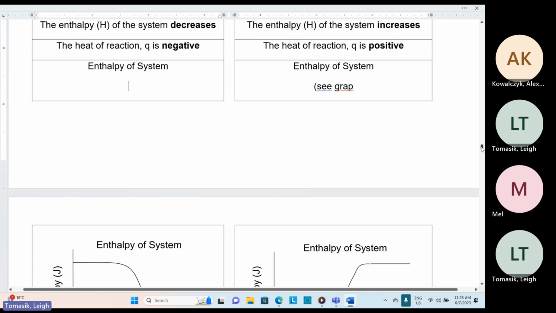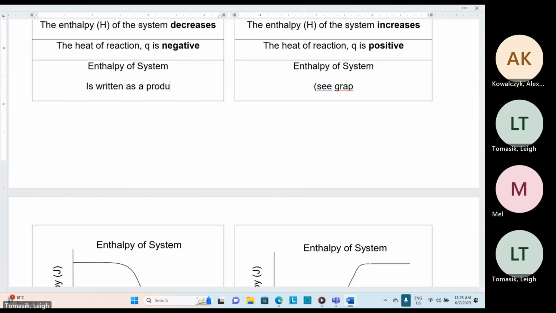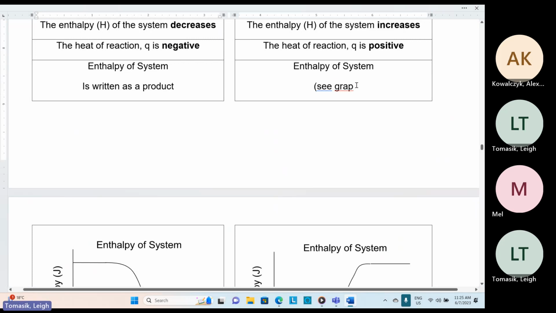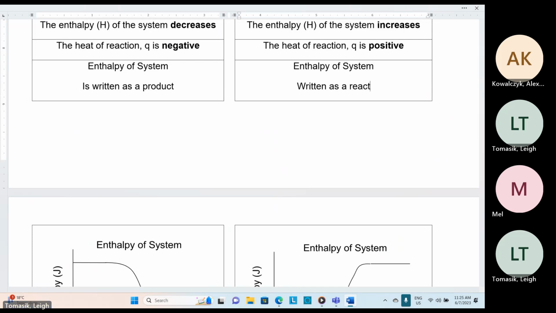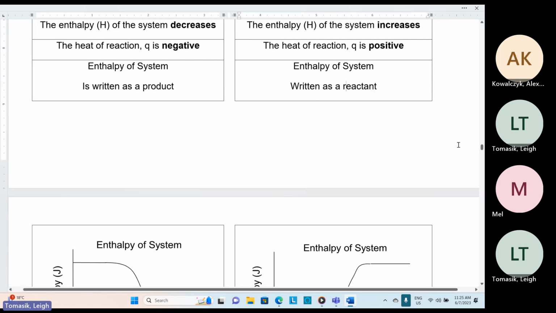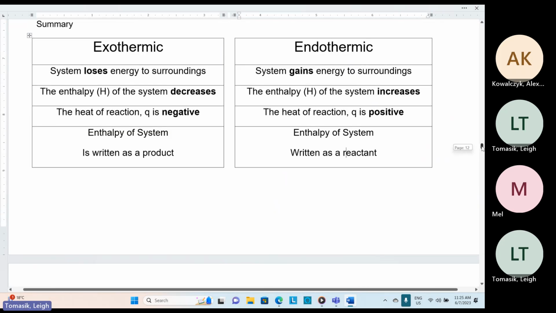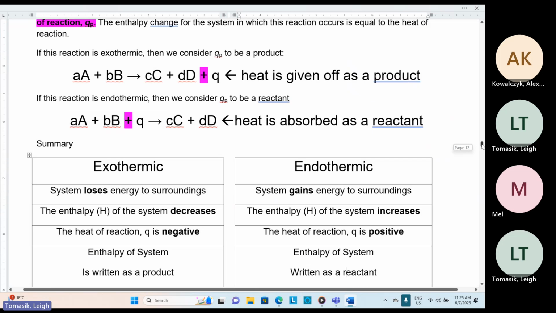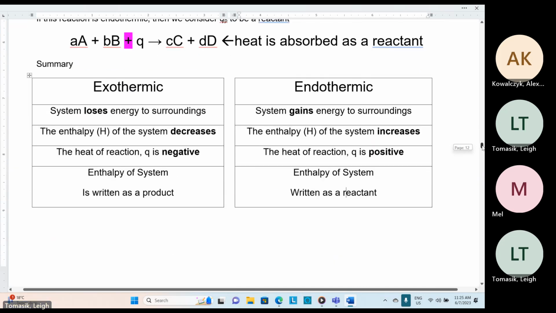Yes. We can write that it's written as a product. And we can write here that it's written as a reactant. There we go. Okay, so that's the summary of what we've learned so far about exothermic reactions and endothermic reactions.